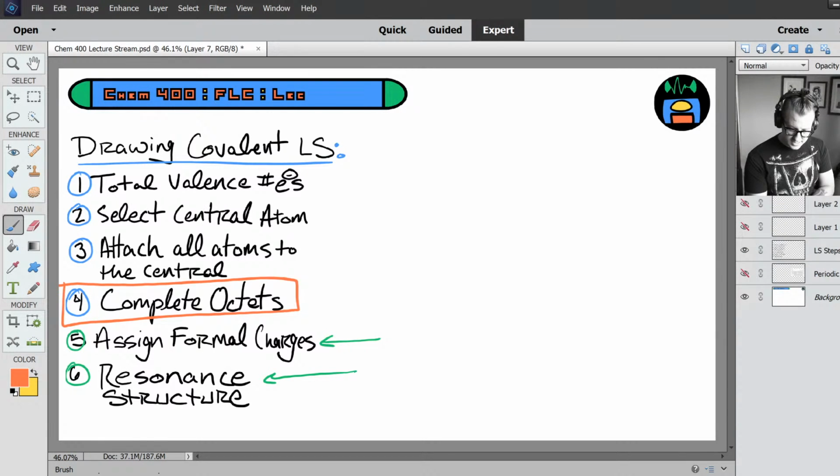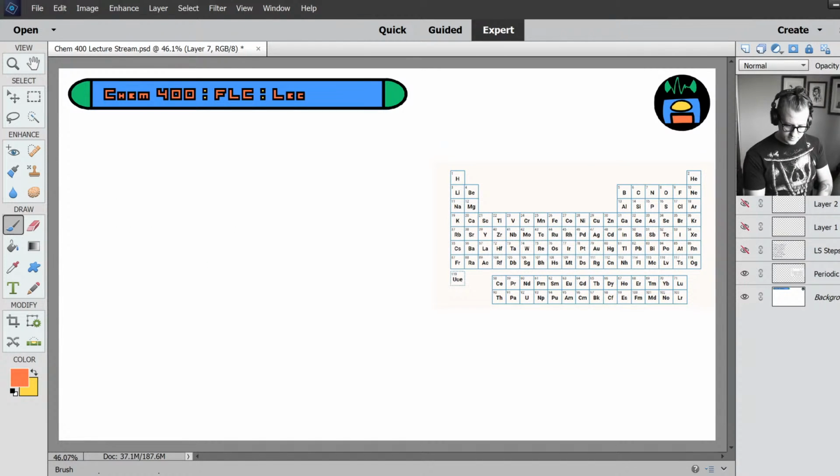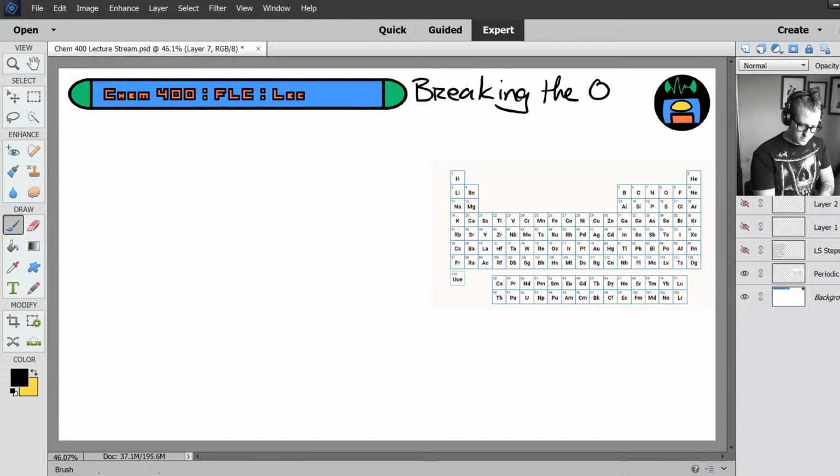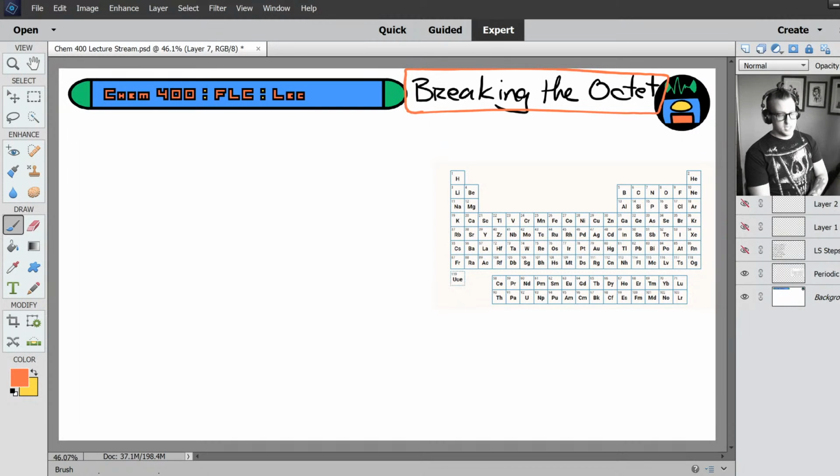We need to discuss breaking the octet rule. There is one element on the periodic table that marches to the beat of its own drum, and you should just be aware of this.